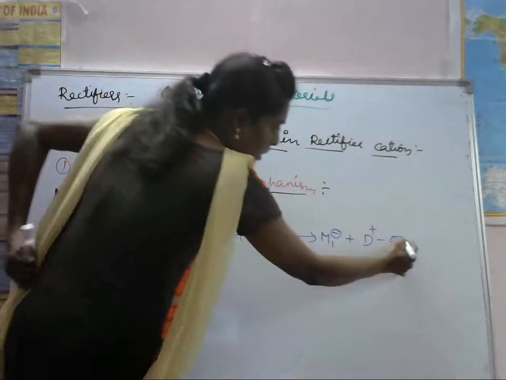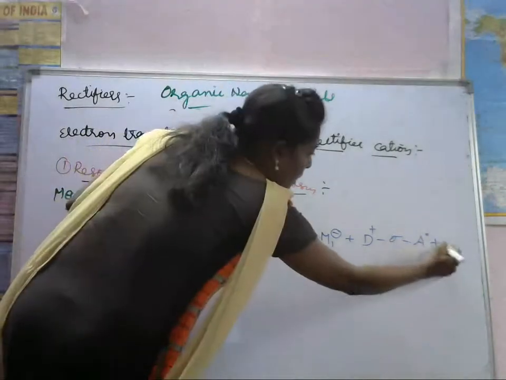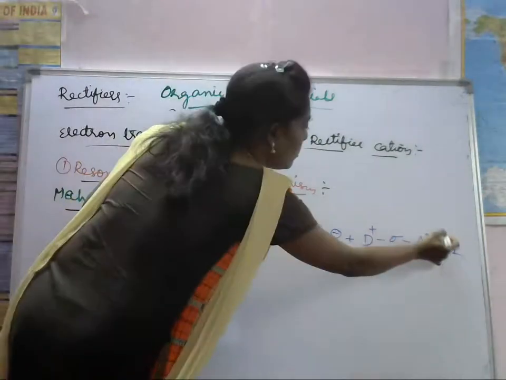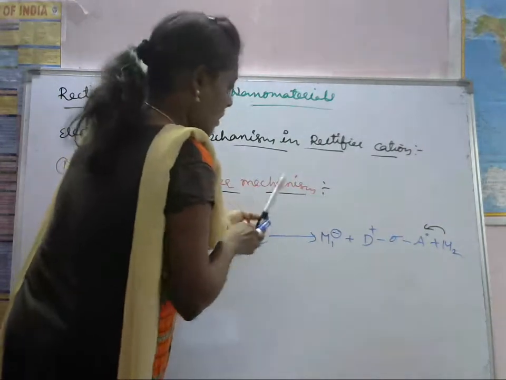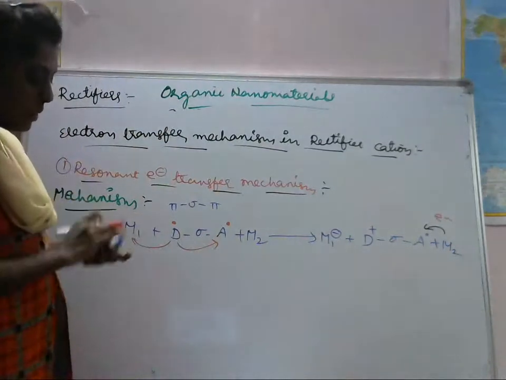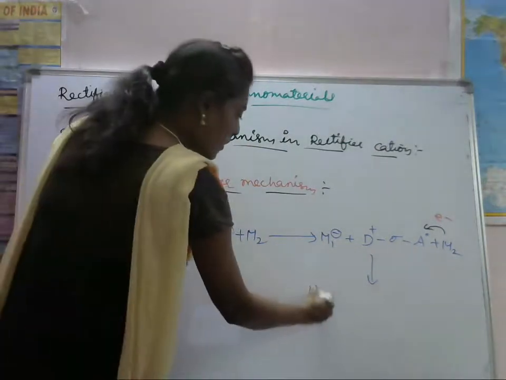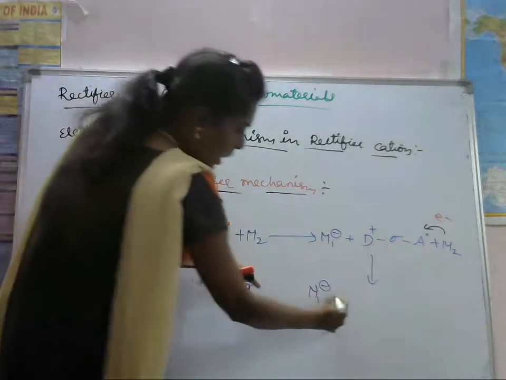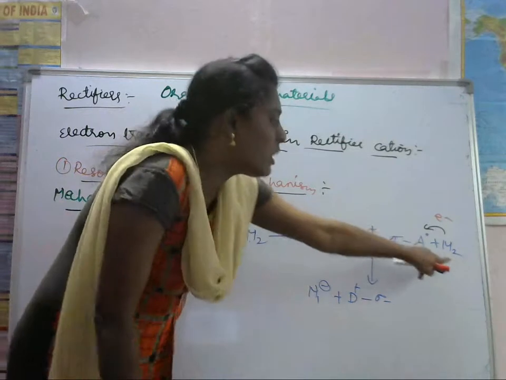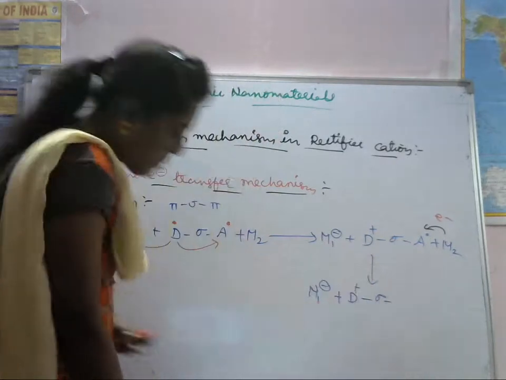And here A naught is there, and we have M2. If you transfer an electron to this one, what will happen here? We already have M1 minus, and here D plus, here sigma, and it transfers an electron to this A, which already has one electron, so that's why it becomes A minus.